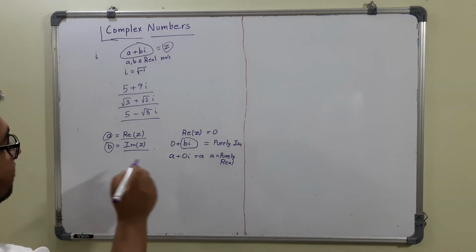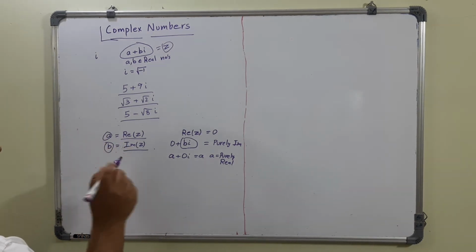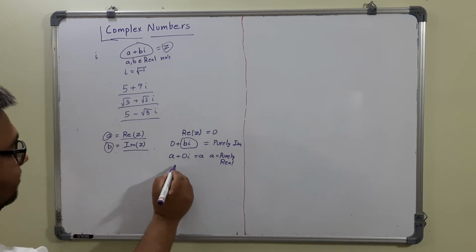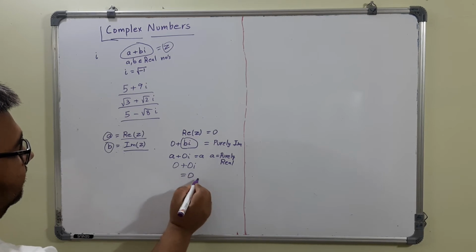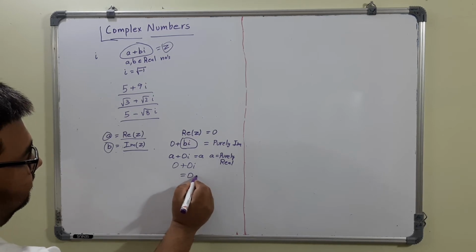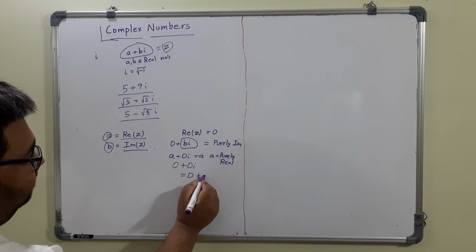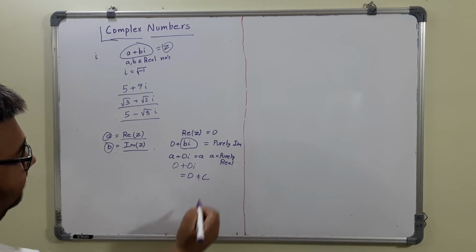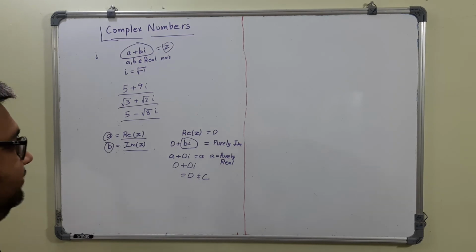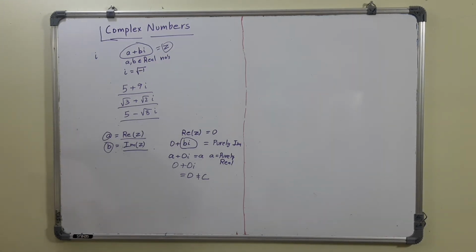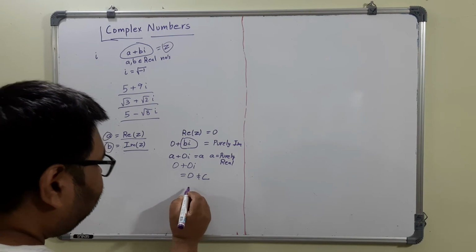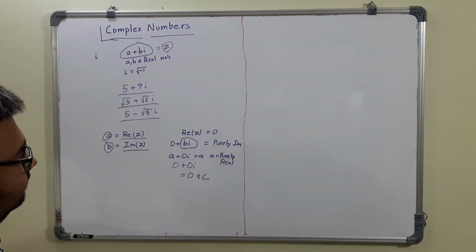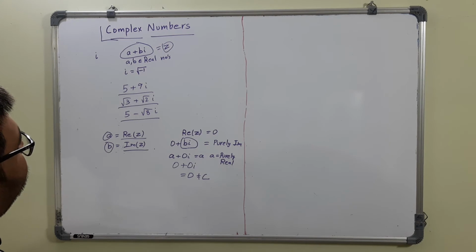So when the real part is 0, it is a purely imaginary complex number, and when both are 0, 0 + 0i equals 0. Complex numbers are denoted by C or Z. I'm not sure if 0 is a complex number, but yes, it is a real number.